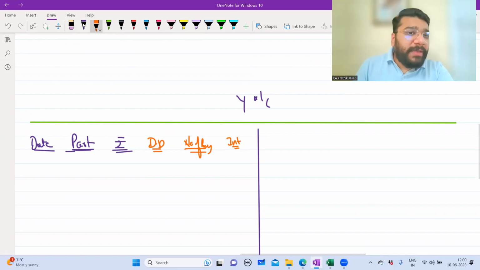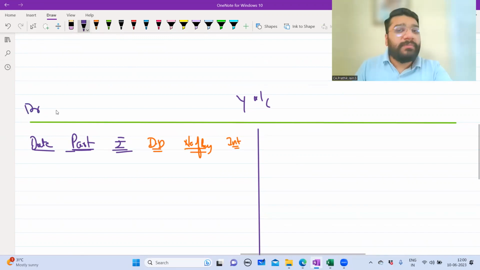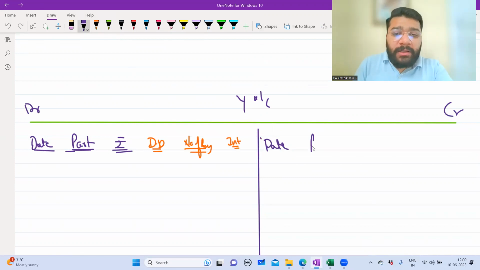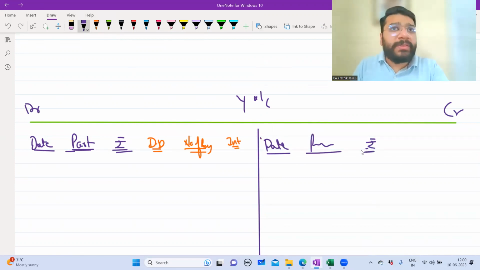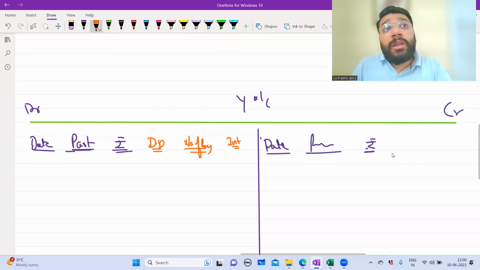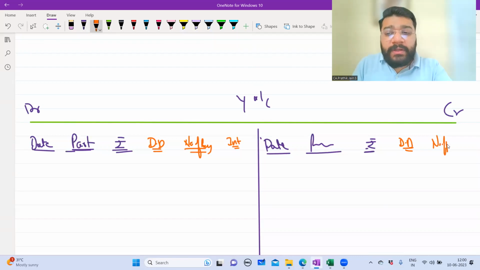This is the debit side of the ledger. This is the credit side of the ledger. Again, same thing, copy paste on the credit side: date, particulars, rupees. Same thing, no change. From the ledger, I'm copy pasting. The additional columns are the due date column, number of days column, and interest column. Any problem?